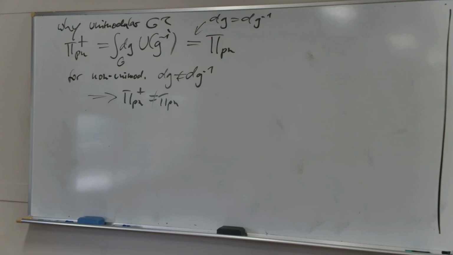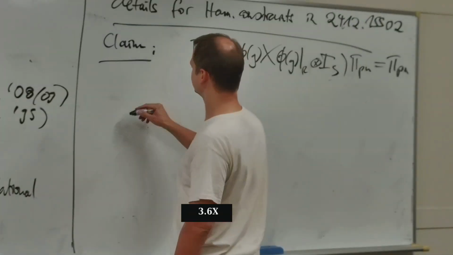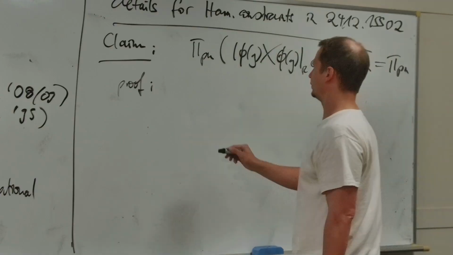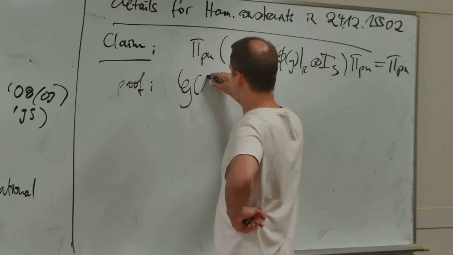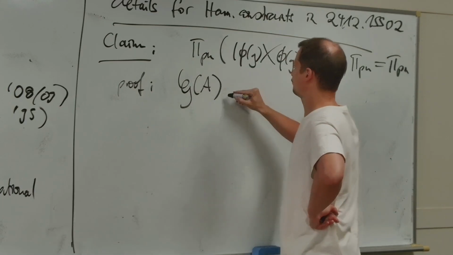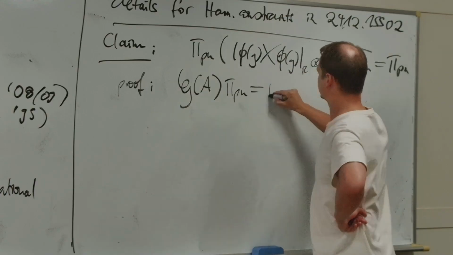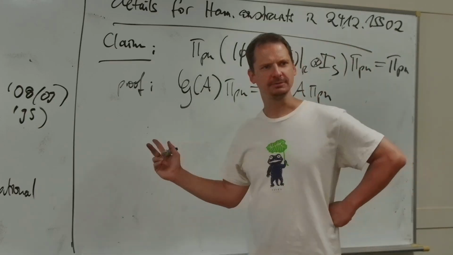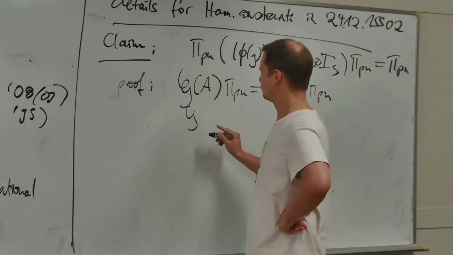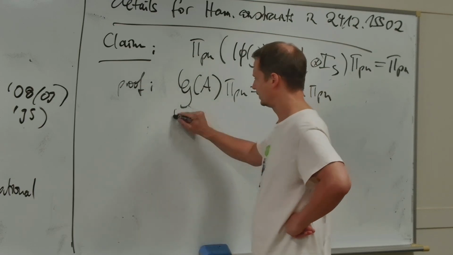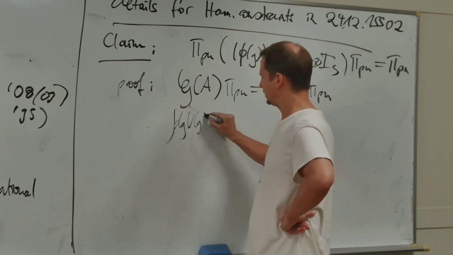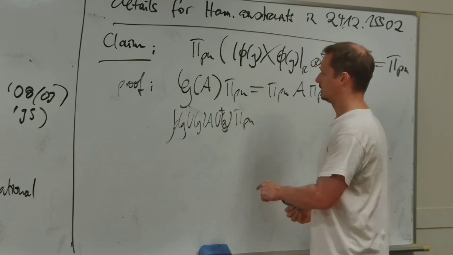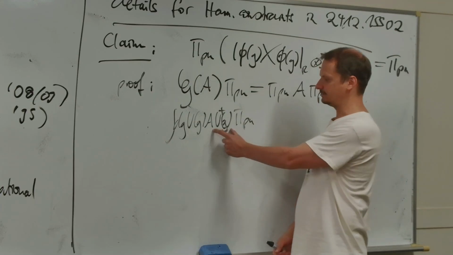Okay. So now, why is this true? Proof. One thing is that we can look in general at some operator A. We have that Pi_PN A Pi_PN, I don't know if I proved this before, but it's very simple to see because this is the integral of dg U of g A U of g dagger Pi_PN. But remember that Pi_PN is gauge invariant here, so I can just absorb that inside.